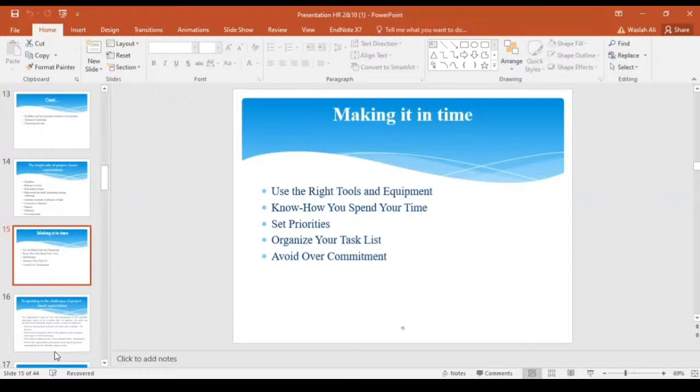We must know what the priorities in the project are, which task should be done first and which next. Organize your task list according to your project: which task has to be done first, which second, and so on. Avoid overcommitment. We must avoid overcommitment in our project. Next slide, please.